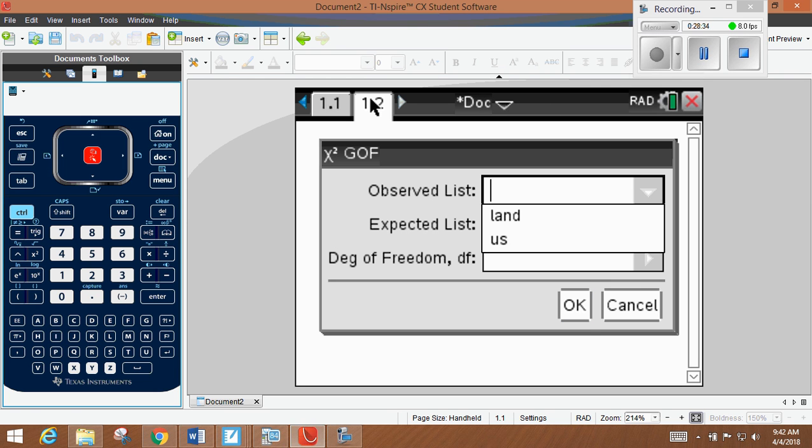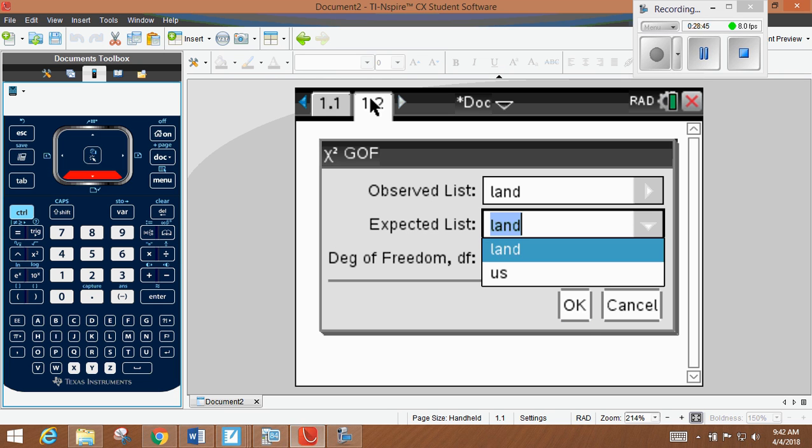Our observed list was land. That's what we observed. Our expected list was the actual U.S. population. Our degrees of freedom. So you would think, right?